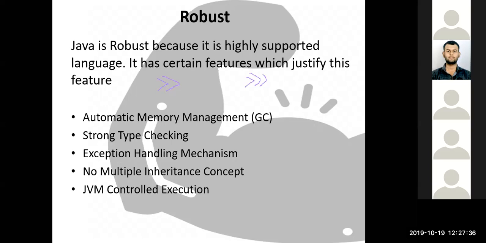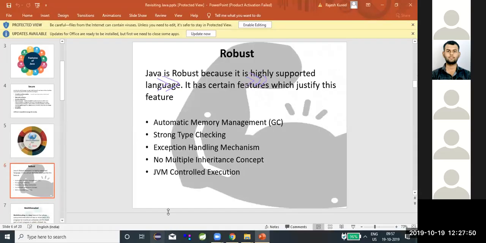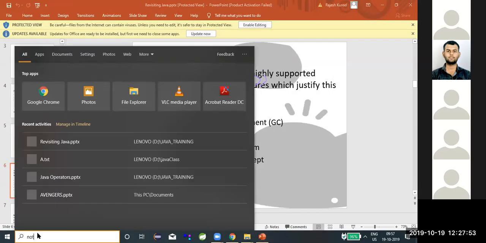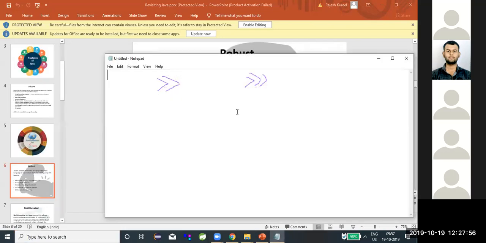So what was happening with the multiple inheritance concept in C++? What is the multiple inheritance concept? Let me show you. I have class parent 1 and parent 2.